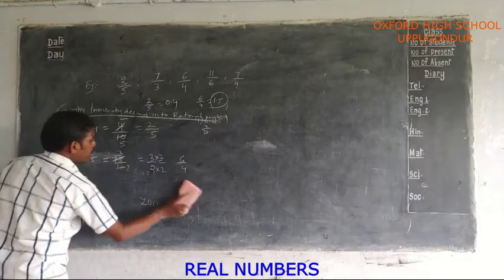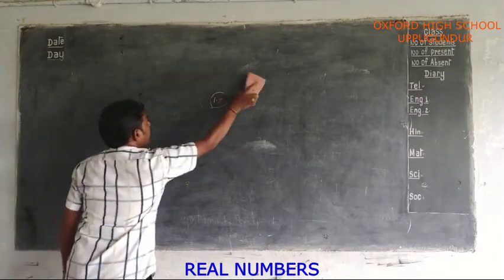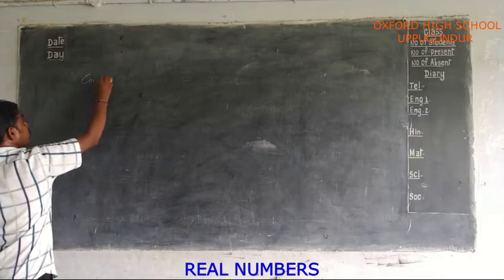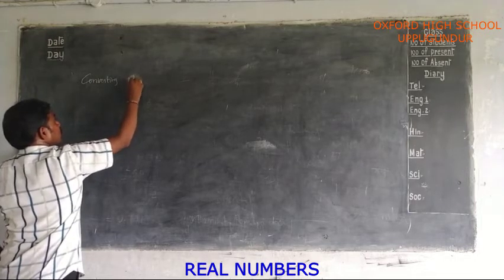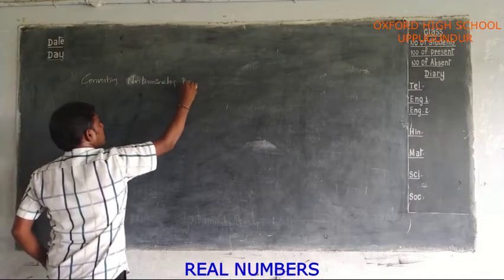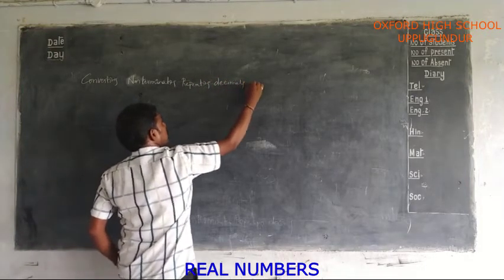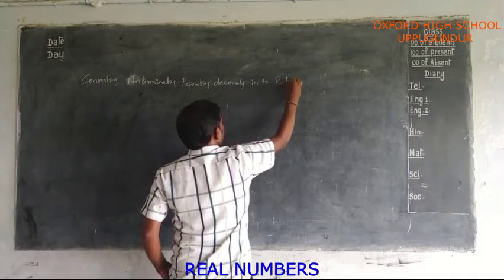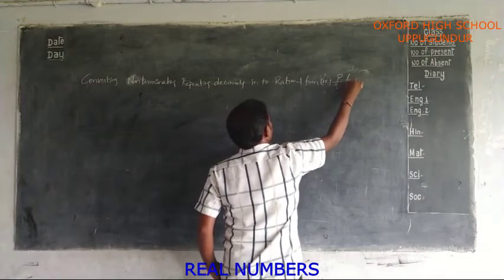Now similarly, next converting non-terminating repeating decimals into rational form or P by Q form.